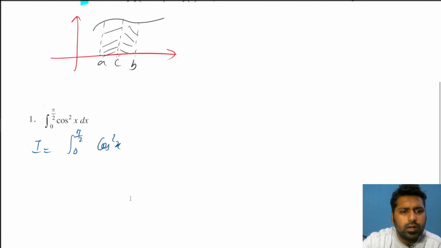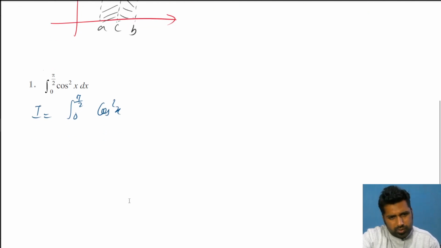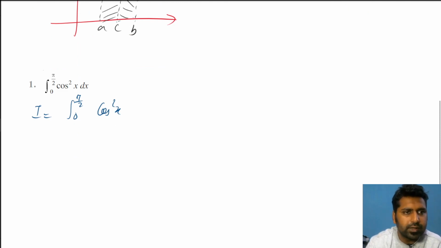I know you can integrate cos square, that's not a problem. 1 plus cos of double angle divided by 2, yes you can do that, I'm not saying you can't. Let's apply the property. I cannot see anything from minus a to a, even odd cannot be applied. Maybe I can force the 0 to 2a property, but we have to do the king rule first. So let's apply the king rule.